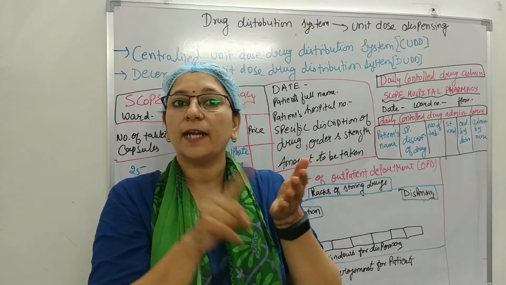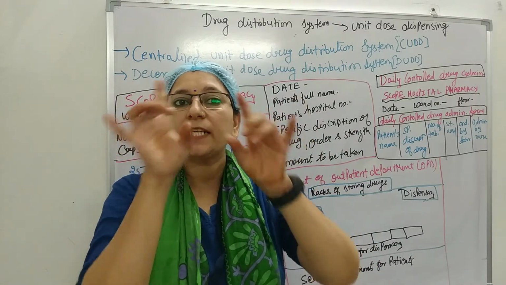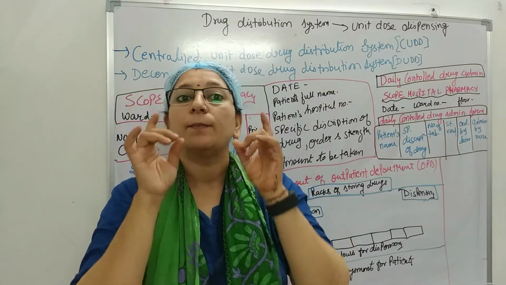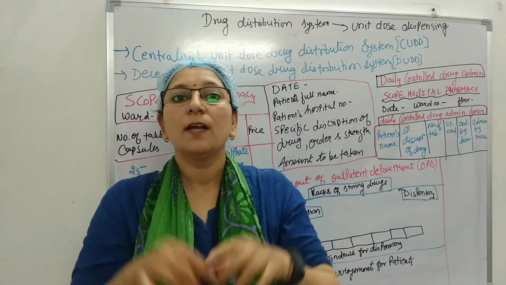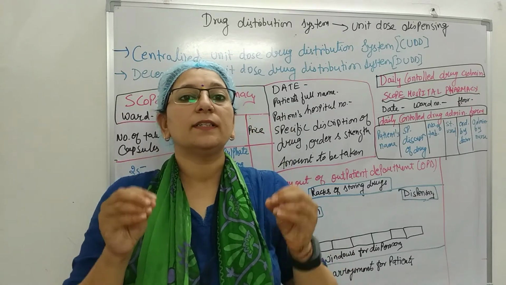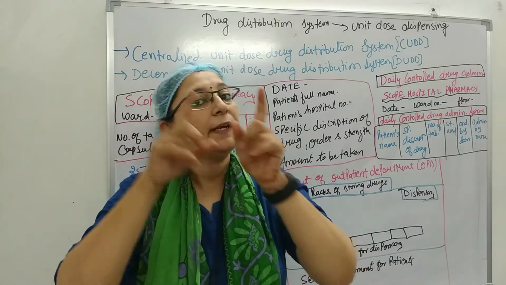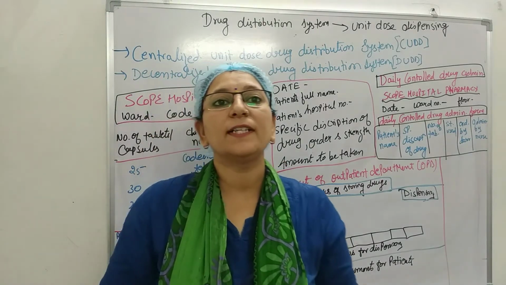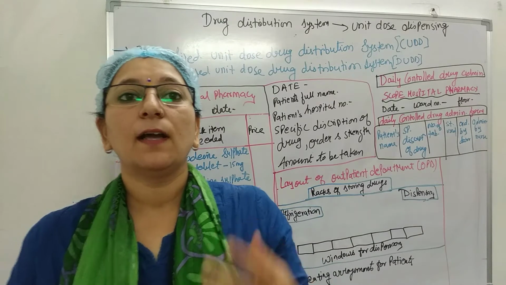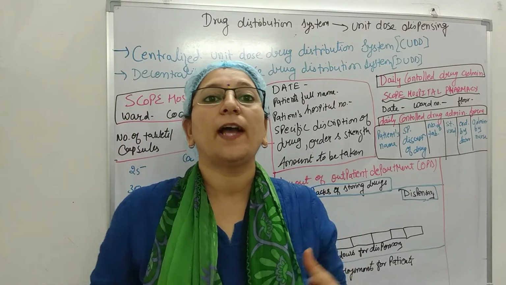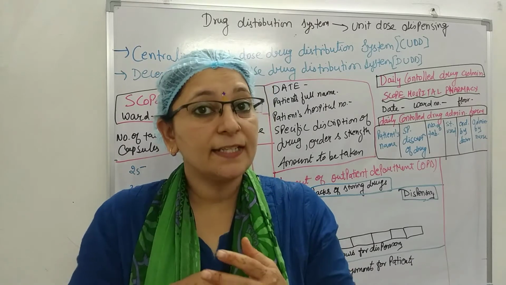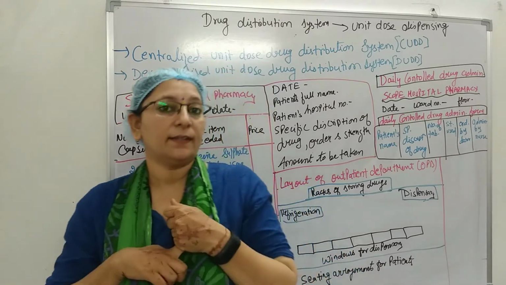The pharmacist checks the medication order. The patient profile card and prescription order are filed by the pharmacy technician. The nurses administer the drugs and make the entry in their records. So the main thing for decentralized unit dose dispensing is that the profile card is prepared in which the full data, disease and diagnosis are written.